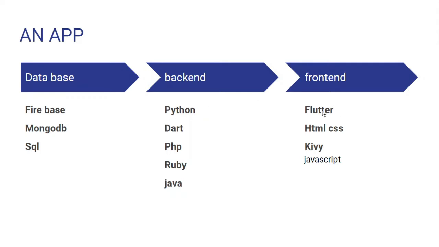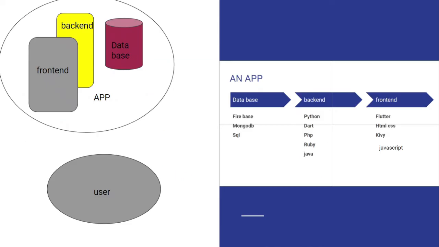And for front end there are different frameworks. We can use HTML, CSS, Flutter, Kivy, and JavaScript for front end. JavaScript also has many libraries, like React JS that we can use, right? So, clear with this part? Now we have the graphical representation that an application contains front end, back end, and database.